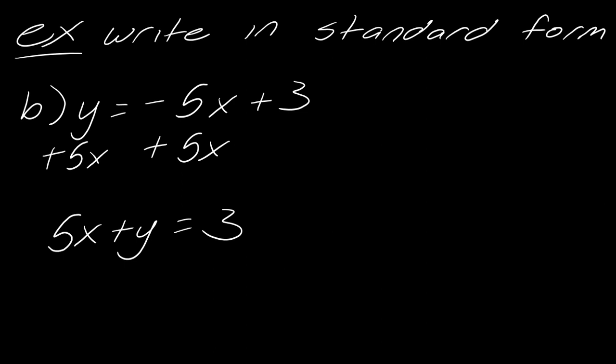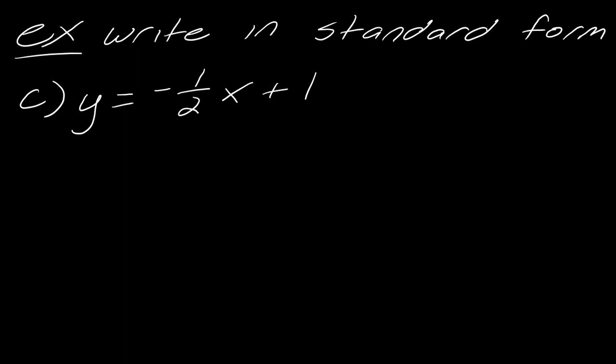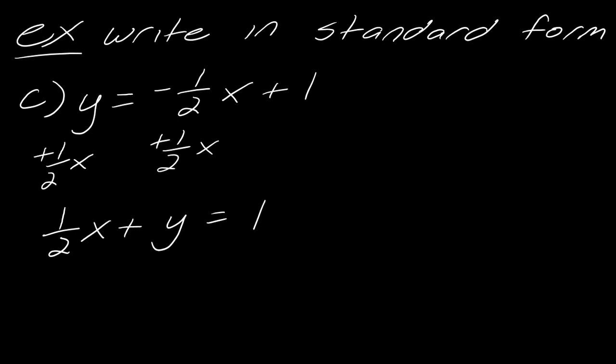Okay, so now I want to show you how this can get a little harder. In this case, I have the x and the y. I'm going to do the same thing where I bring this 1/2 x over to the other side, so I'll add 1/2 x to each side. But here's where we have the issue. Remember I said that these have to be whole numbers. Now the question is, how do I get these to be whole numbers?